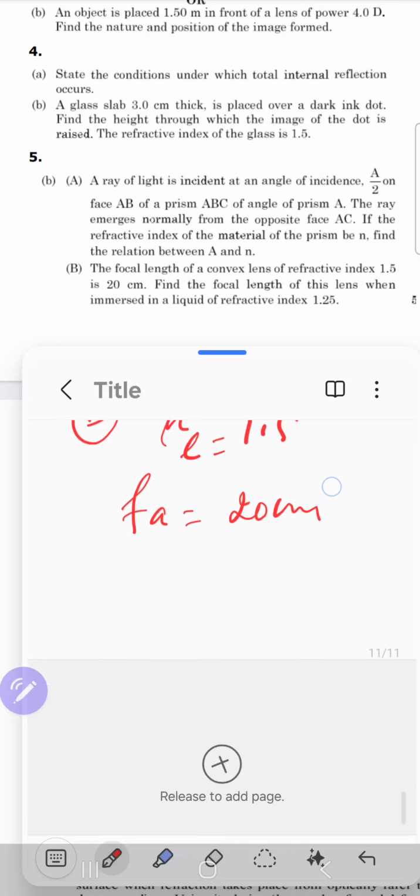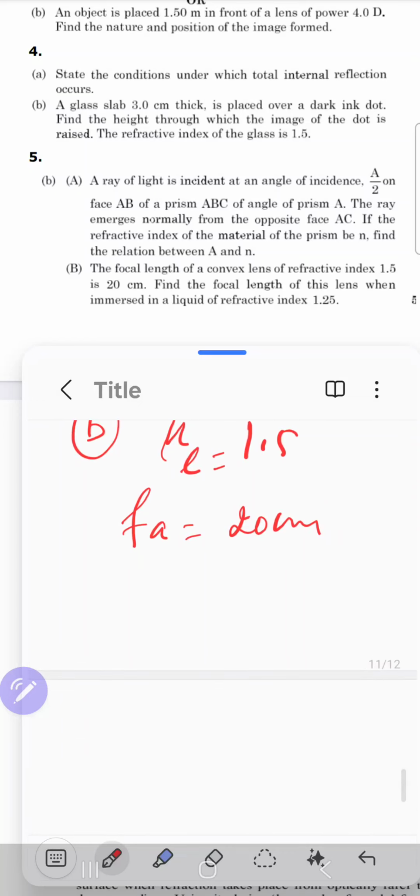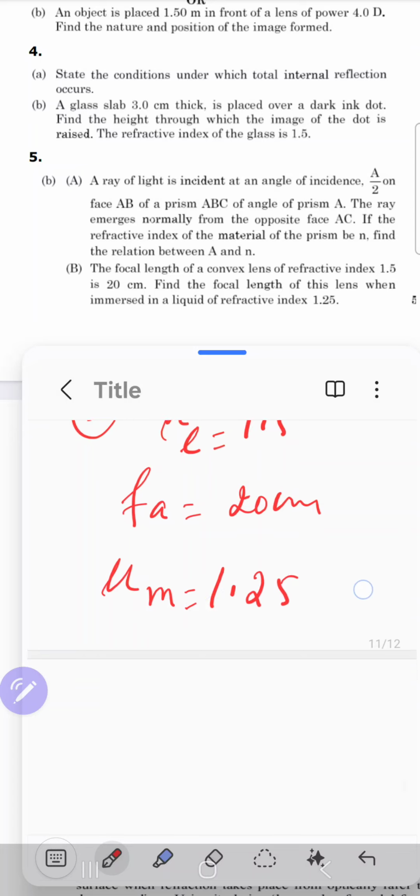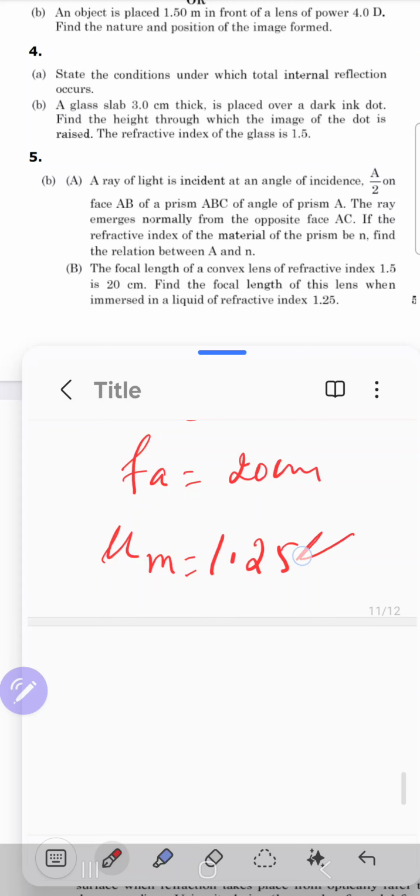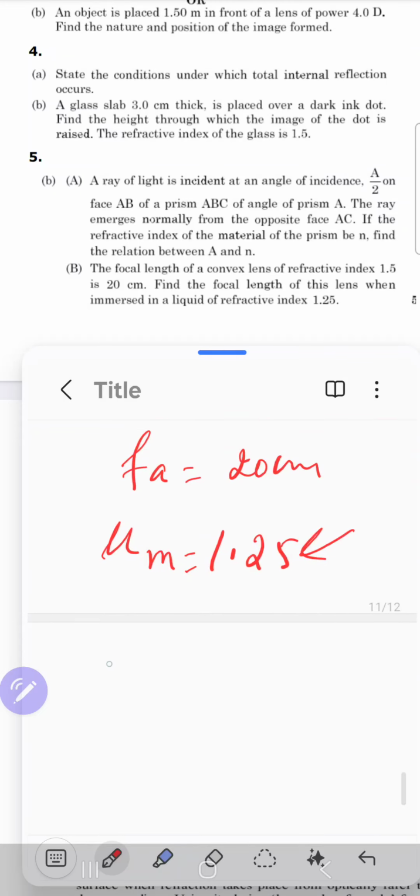We have to find the focal length of this lens when it is immersed in a liquid medium whose refractive index is 1.25. Now using the formula, 1 over Fa is refractive index of the lens over refractive index of the air minus 1.